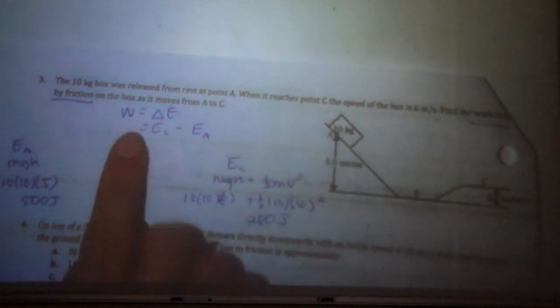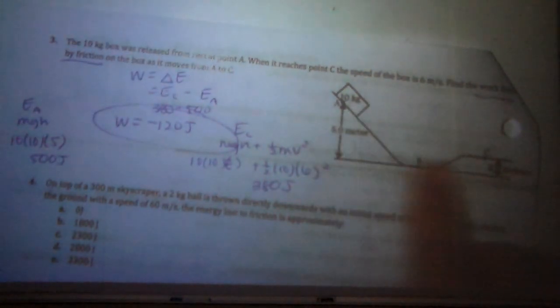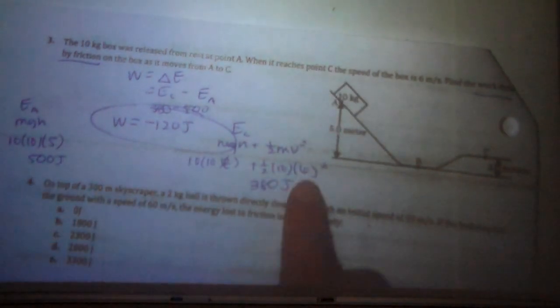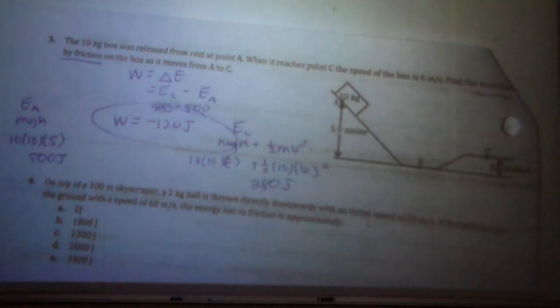So then the work done is just final minus initial, so 380 minus 500. So the work done by friction is negative 120 joules. And it makes sense that it's negative because friction is always opposing the motion, so F and d will be opposite, and also I'm losing energy, so it should be negative work.